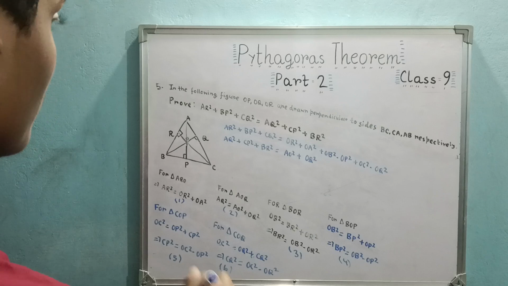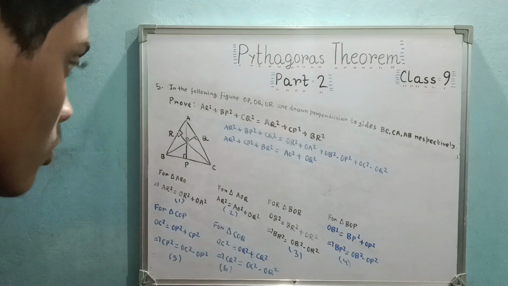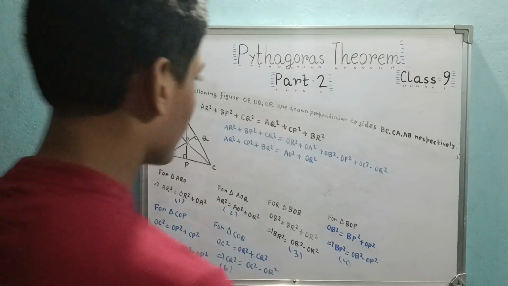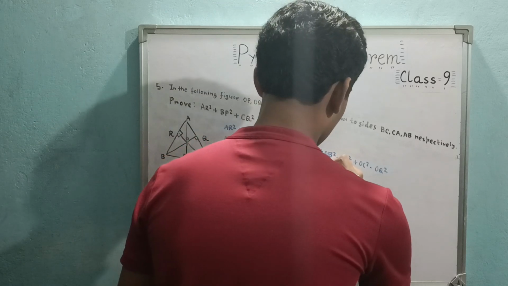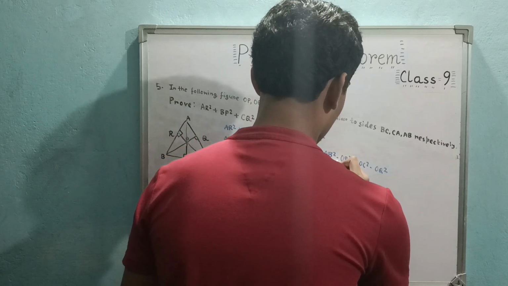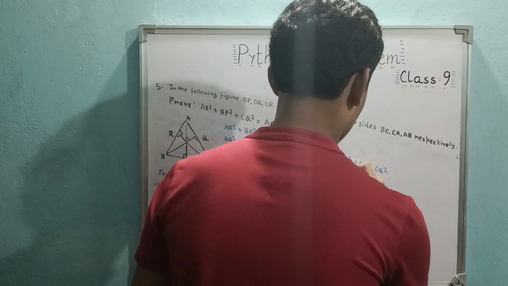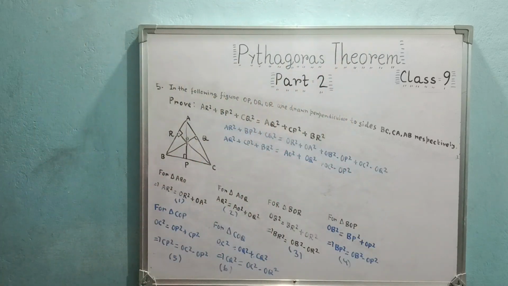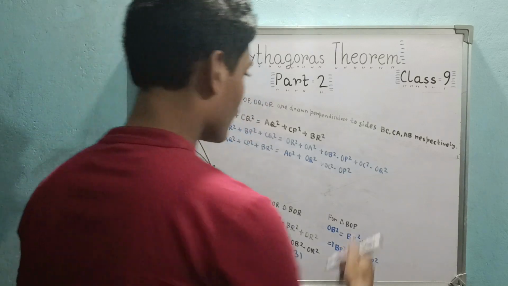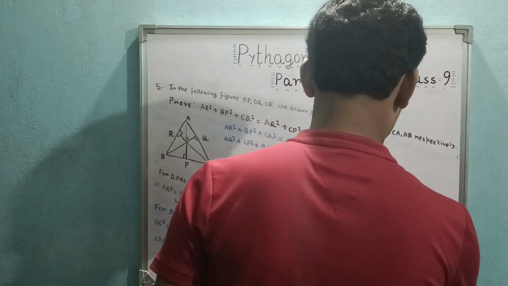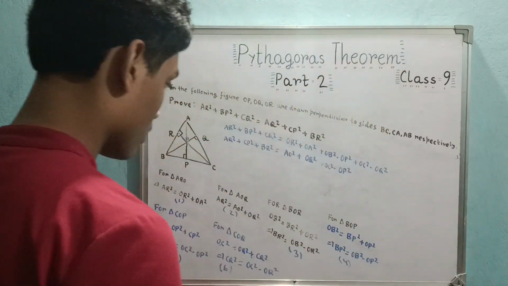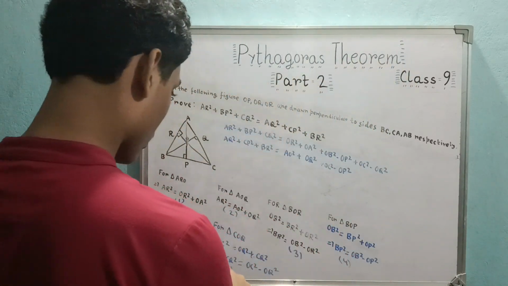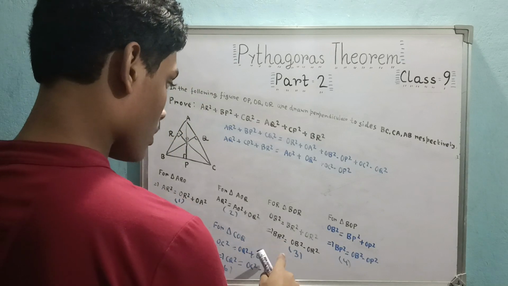Okay. Then CP square is equal to OC square minus OP square. And then BR square is OB square minus OR square, plus OB square minus OR square.